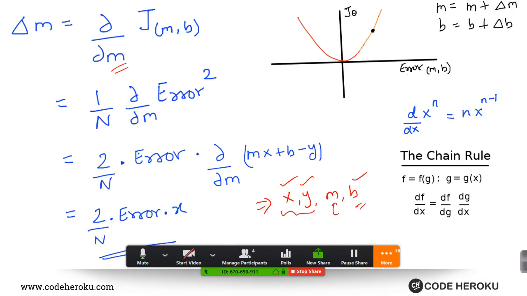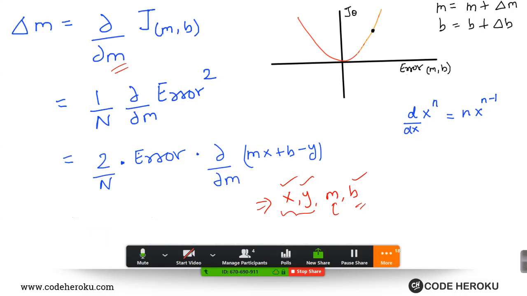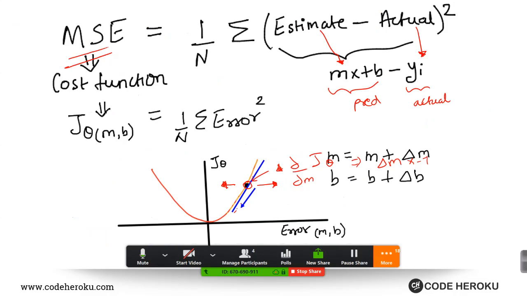So Sudipto, not necessarily just because we are doing d by dx or d by dy, but the thing is we are doing it for one particular point. For a given pair of xi comma yi, we are trying to find the delta m and delta b at that point. And that's the reason xi and yi are the constants.